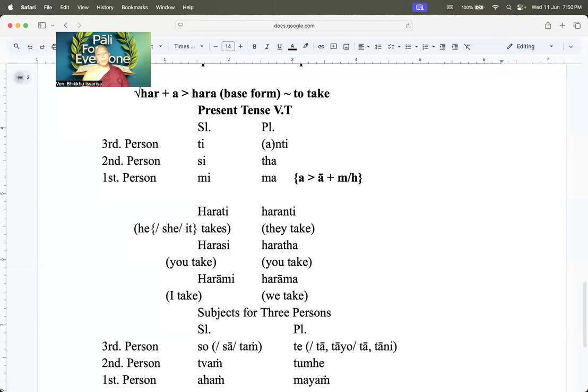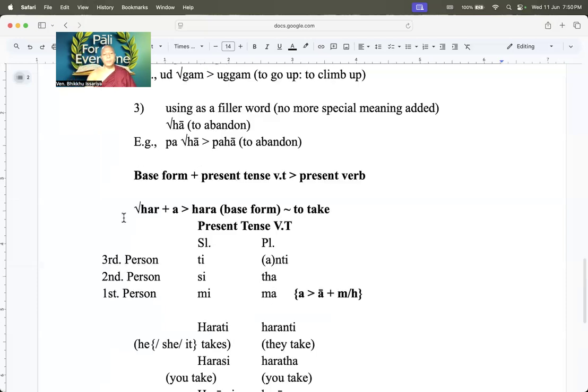Okay. So now the way of the verb system in Pali is quite clear, you see: to the base form, just add the present tense verb termination. So we don't need to change anything.